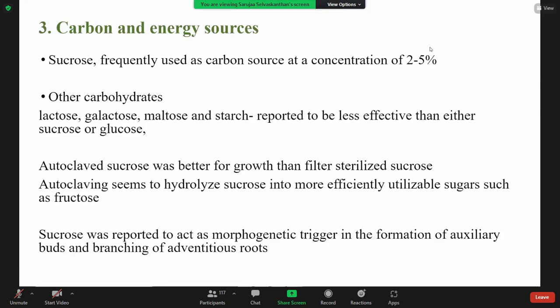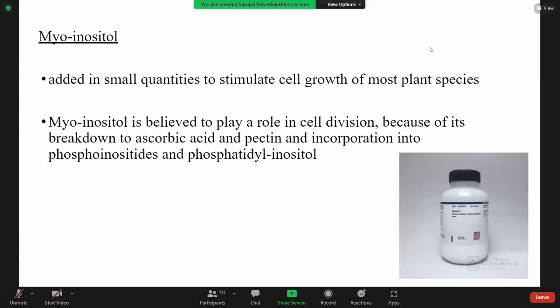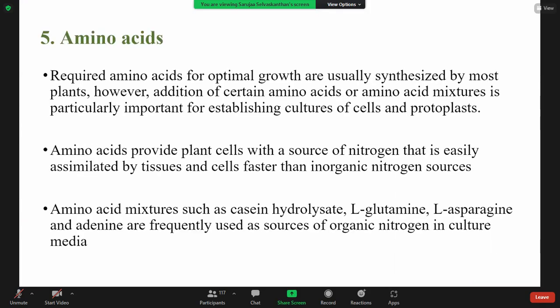Myoinositol also, we have to add in a minor quantity, right? To stimulate the cell growth. Amino acid is not required for growth, it's actually optional, right?